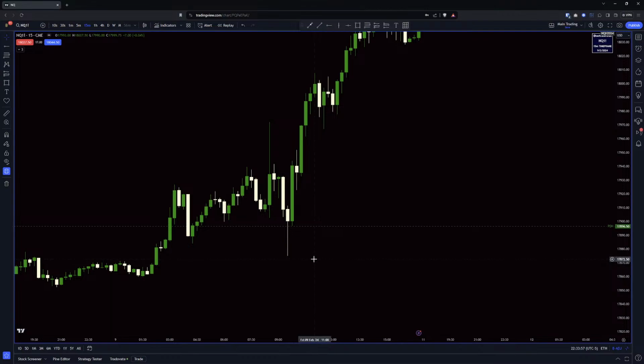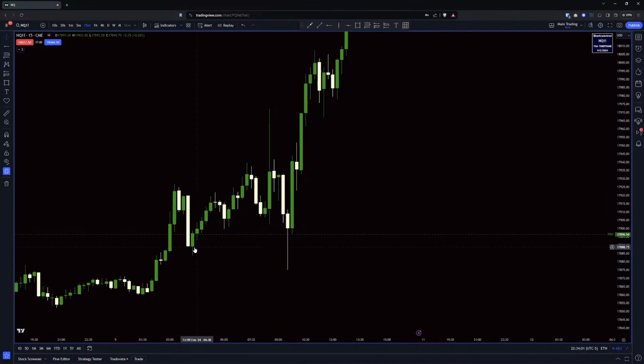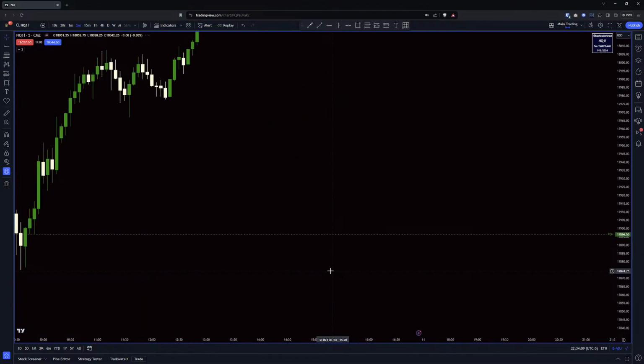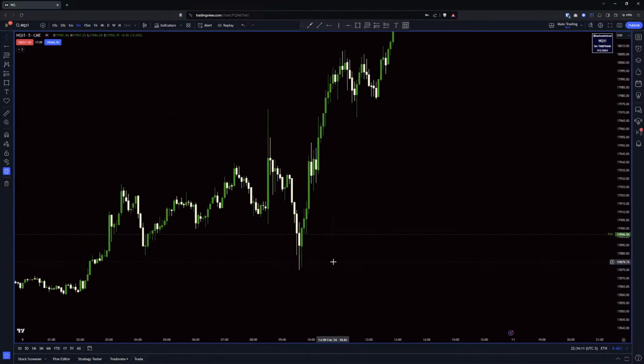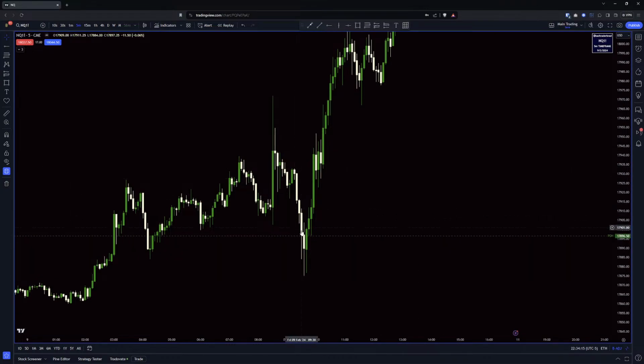The more important thing is to notice the manipulation, right? I mean, up, down, taking liquidity everywhere, and then putting in a change in state delivery. Now, I'll always go with a 5-minute on this. Here's where we have the change in state delivery after that manipulation, right?